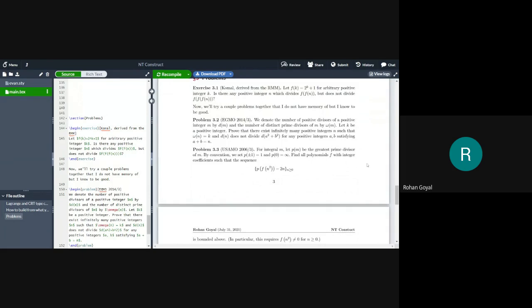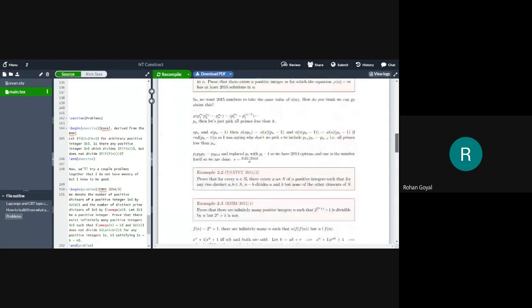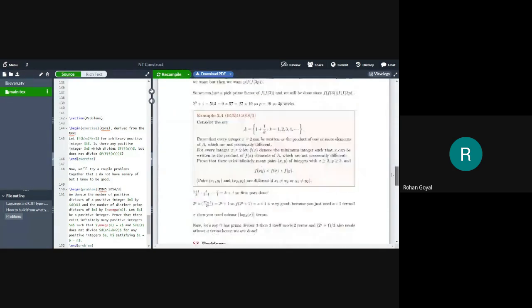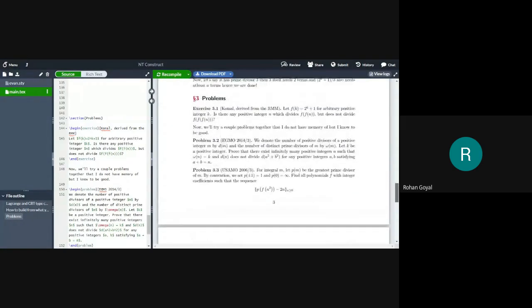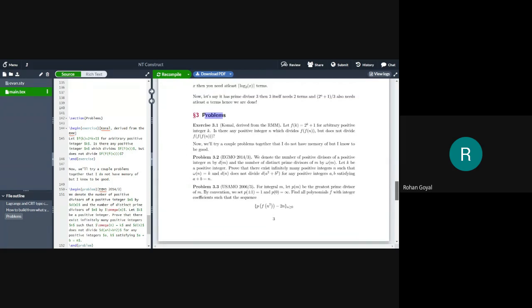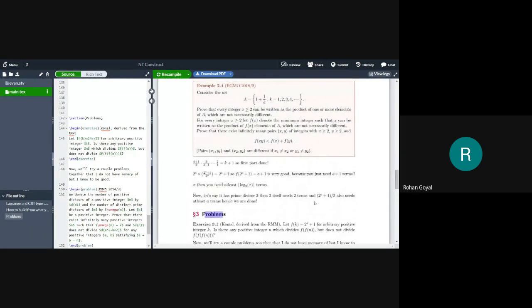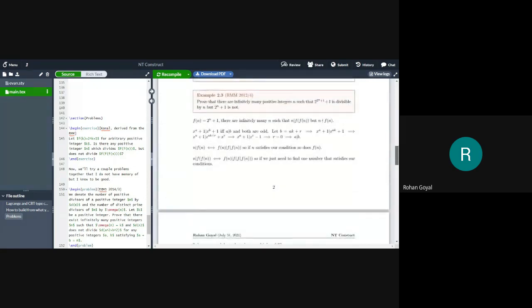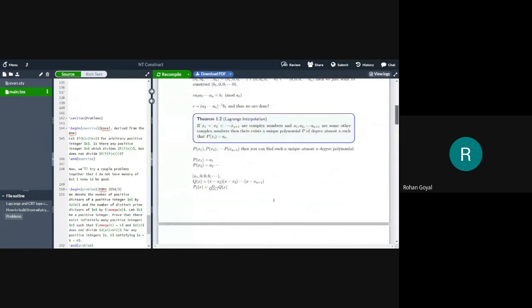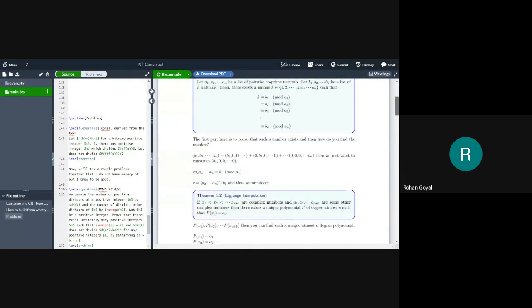Okay. There are five problems we have not done from here. This is a problem section here, right? I'll extend this section to include easier problems as well, and some hard ones as well. And I'll clean up the previous parts we have done and send it to you all.